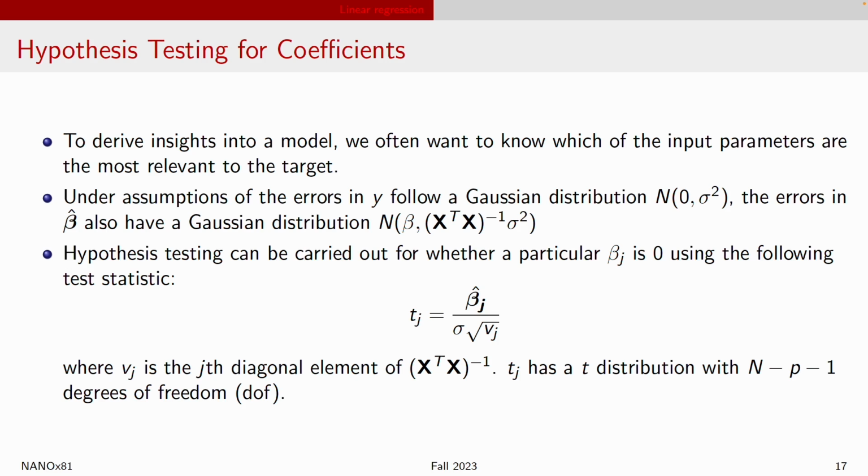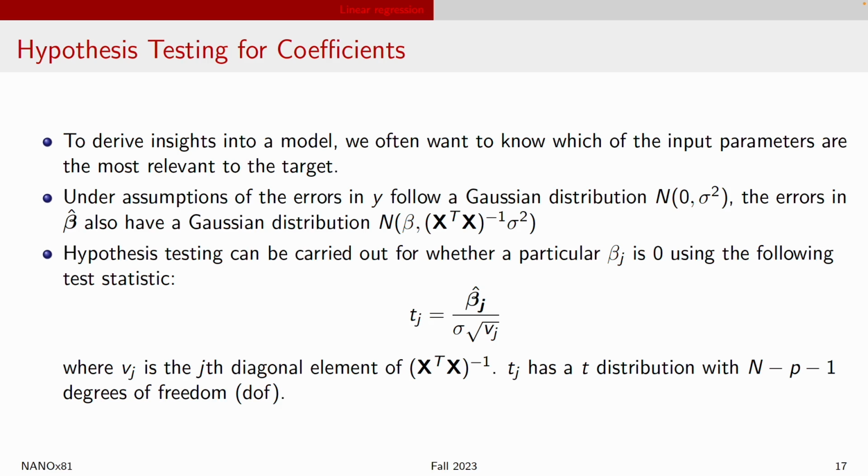So that hypothesis test is governed by this t statistic, okay? I'm assuming you know what a hypothesis test is and what a t statistic is. The t statistic is given by beta j predicted divided by sigma, which is the estimated standard deviation of your target, times the square root of v_j, okay? And v_j is basically the diagonal element in this matrix over here.